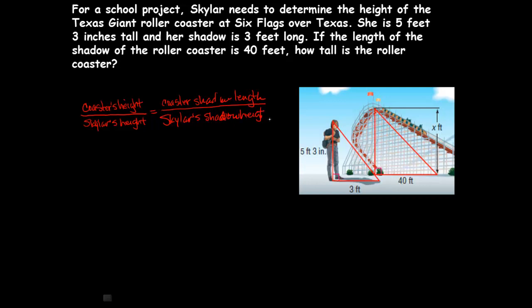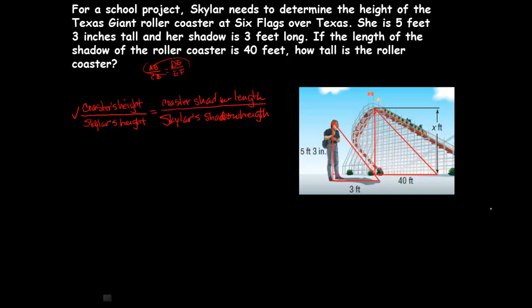Now remember, in other problems I would put AB over CD equals DE over EF. I would always write out something like that. Since I don't have letters on these points, this is how I'm having to write this out. And I highly suggest that you do this.